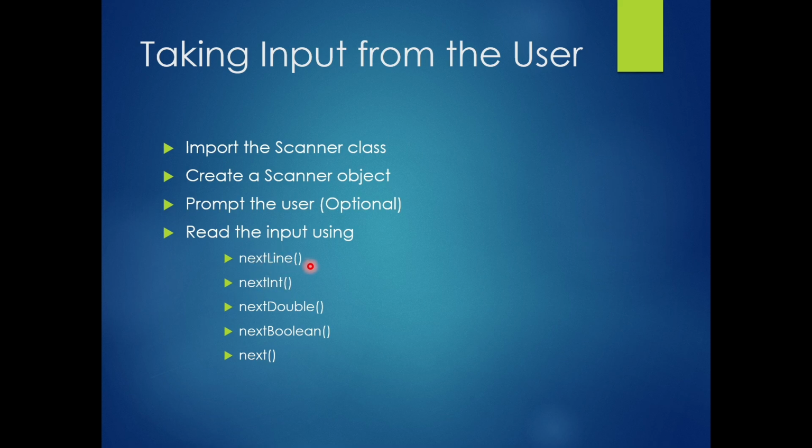Like for taking the whole string in a line, we can use this next line function. For taking the integer value as input, we can use the next int, and likewise in double and boolean. Okay, so these are the main functions to take input in Java.